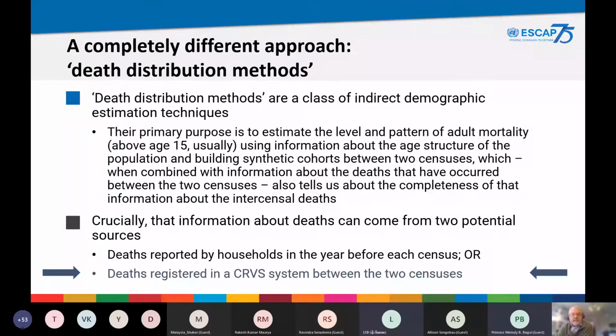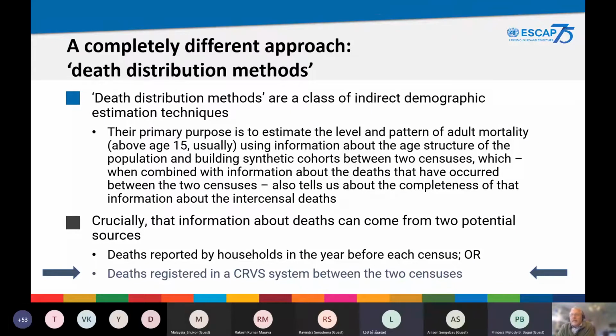about those intercensal deaths. Now, crucially, in the application of death distribution methods, there are 2 sources of information about the number of intercensal deaths. The first is what we'd call a household deaths module, which is routinely asked in many countries' censuses.